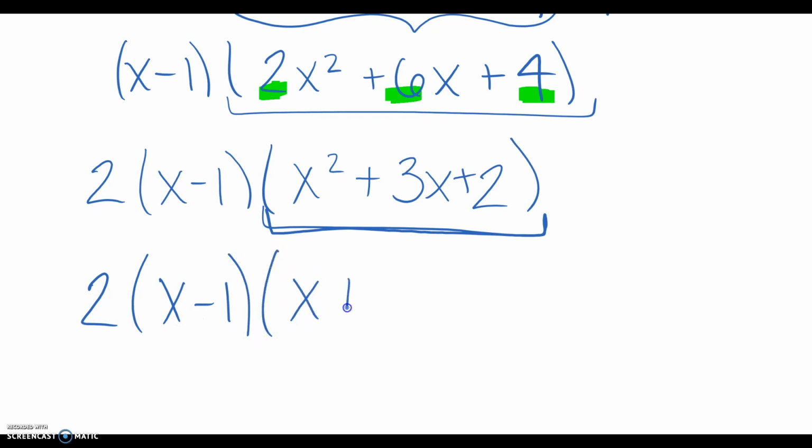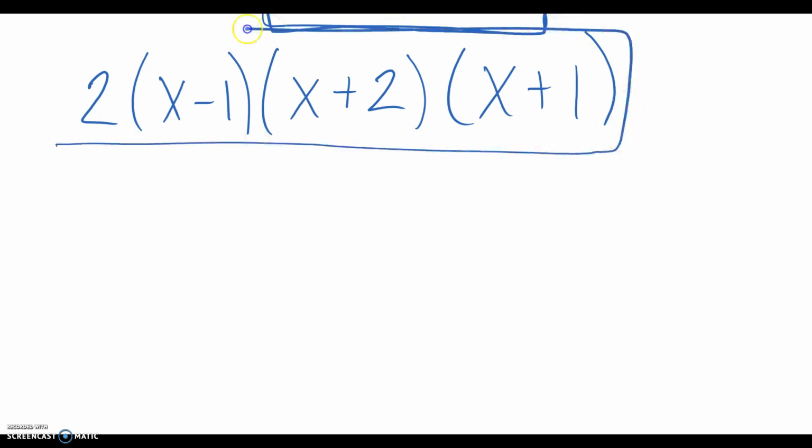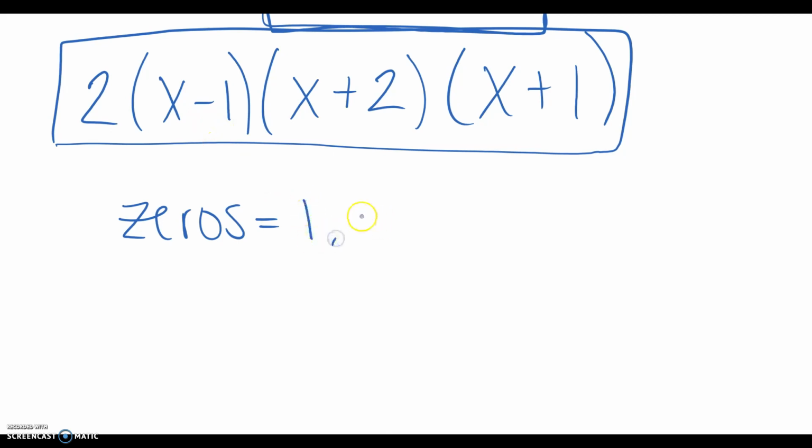So that's going to be x plus 2 times x plus 1. So now that we have all of our factors, so this is factored form, we know that the zeros are going to be 1, negative 2, and negative 1.